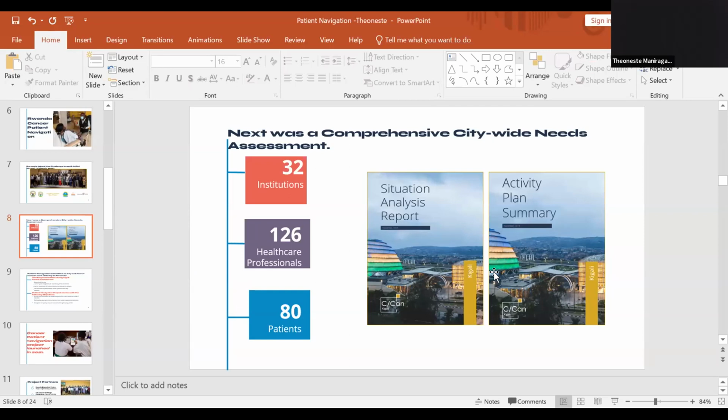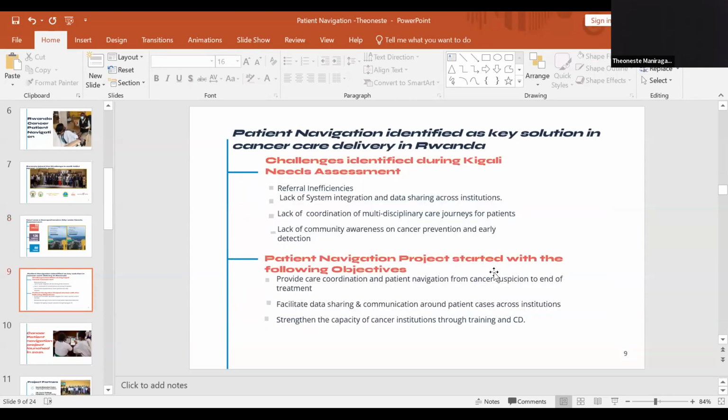And the gap was that there were issues with interoperability between institutions which treat cancer. Then patient navigation was identified as a key solution for cancer care delivery in Rwanda. These are the challenges that were shown, among the ones that I have told you.